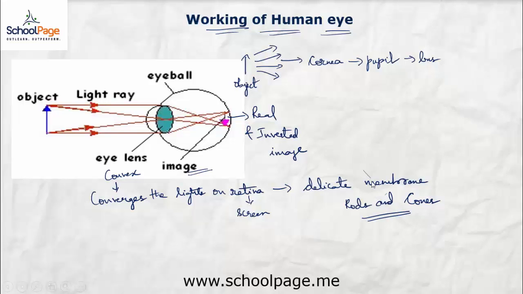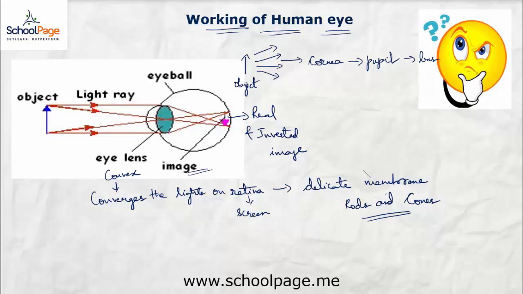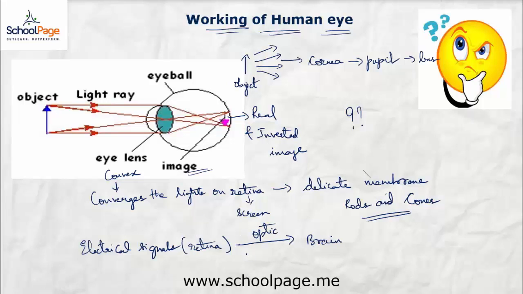Now I'm sure you must be confused thinking, if the inverted image is formed on the retina, then how are we able to see objects erect? So how is this possible? This is possible because the electrical signals from the retina are sent to the brain via optic nerves.